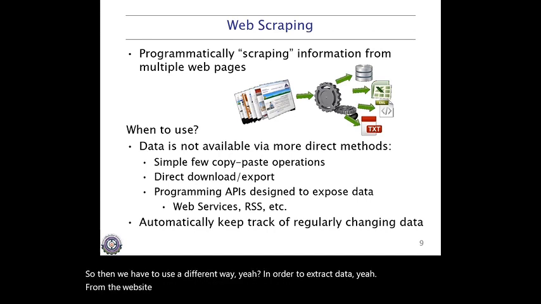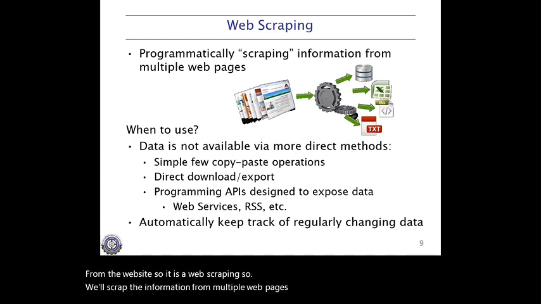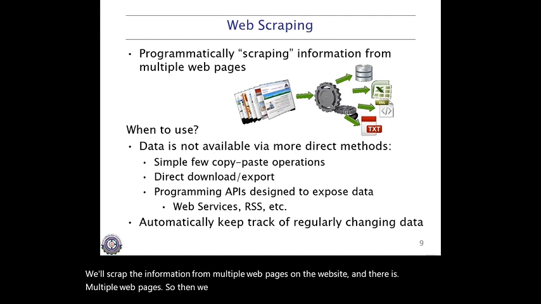So it is web scraping. We scrape the information from multiple web pages. A website actually has multiple web pages, so we can scrape the information or data from each page of the website.